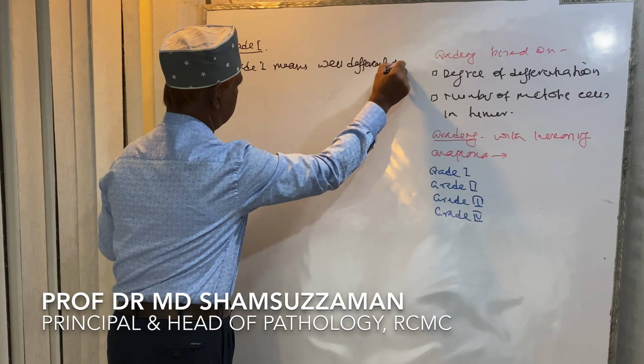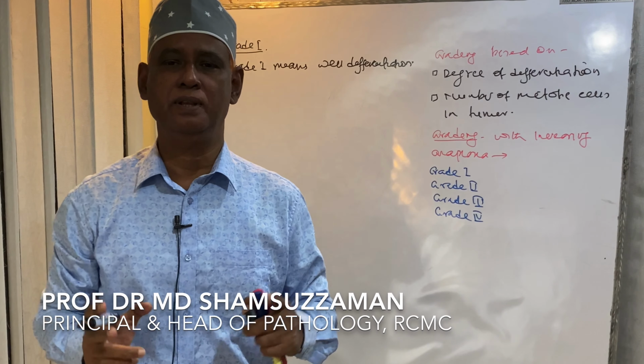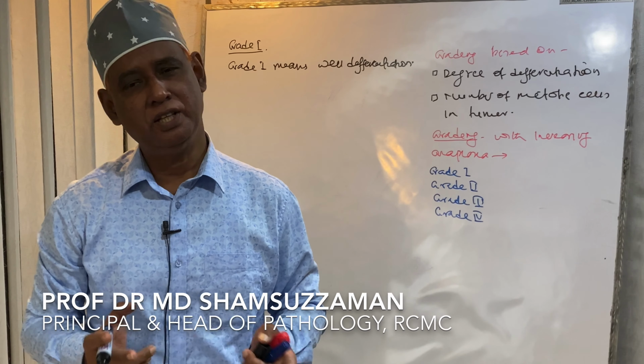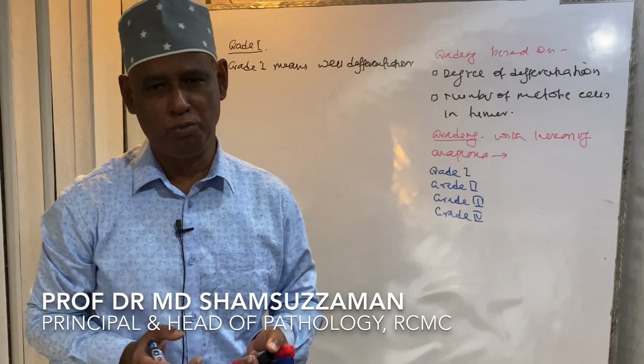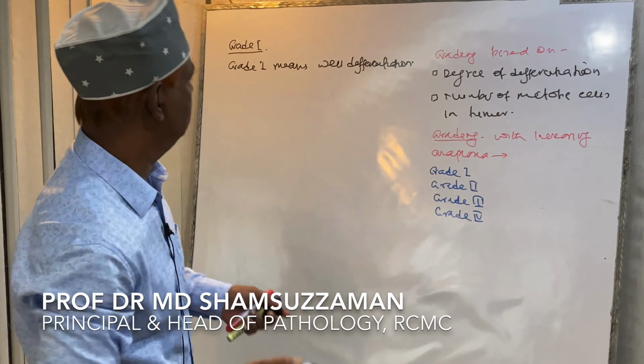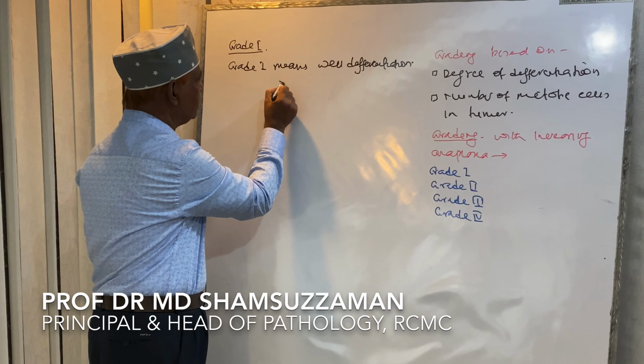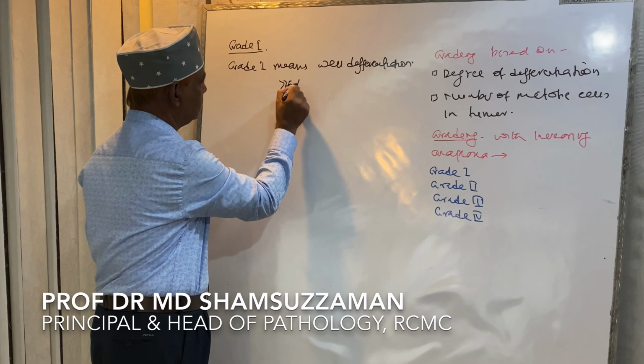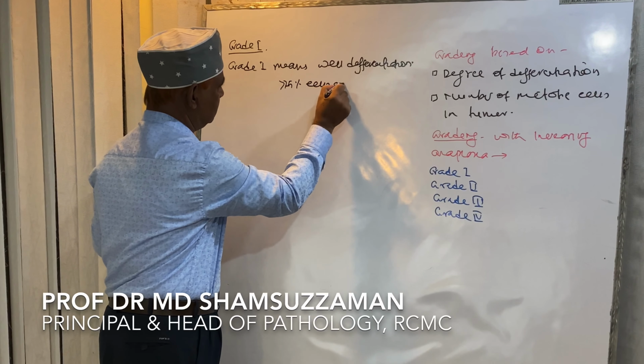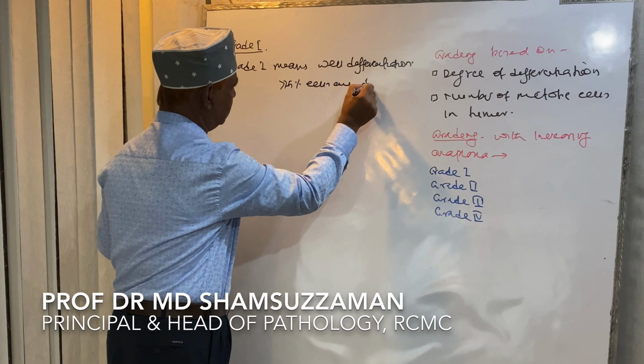That is, in a malignant tumor, if more than 75% cells are differentiated, that is called grade 1 malignant tumor. So, in this grade 1, more than 75% cells are differentiated.